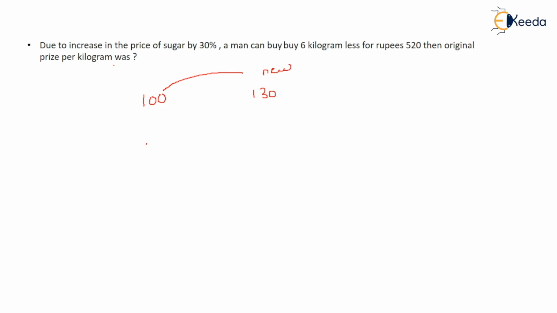Now opposite of this you have to do with quantity. So earlier they were eating 130 kg. How much are they eating now? 100, right? But it is given that you have to make this change as 6 kg, 6 kg less.